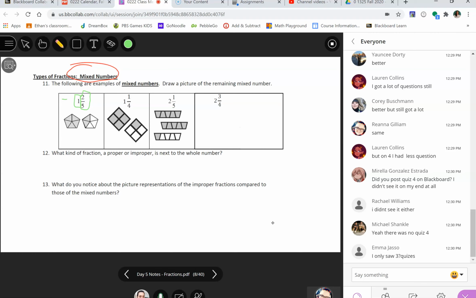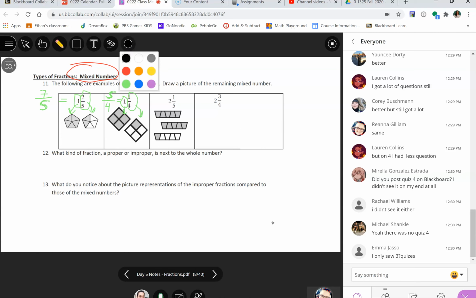So before we had written this picture as having 7/5. Well, if that was true, we had enough for 1 whole and then 2 out of 5 left over. So you have a whole number part and a proper fraction. So similarly on the second box, that had been 5/4. We had enough for 1 whole and then 1 out of 4 left over, and so on.